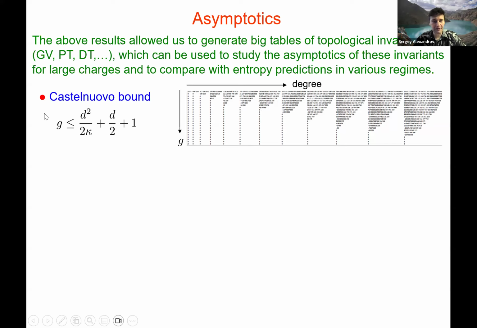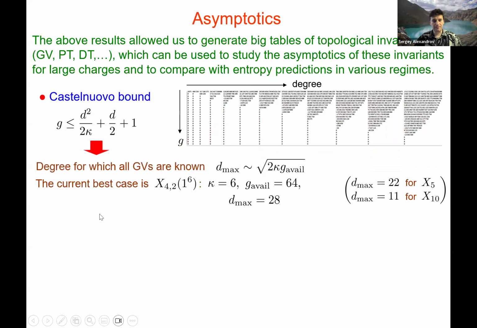This is the so-called Castelnuovo bound, which all GV invariants should satisfy. So the genus is restricted from above by a quadratic polynomial in the degree. This restricts the maximal genus for which we can compute GV invariants, and this also gives a restriction on the maximal degree for which all GV invariants are known.